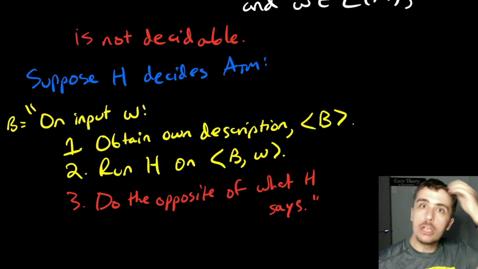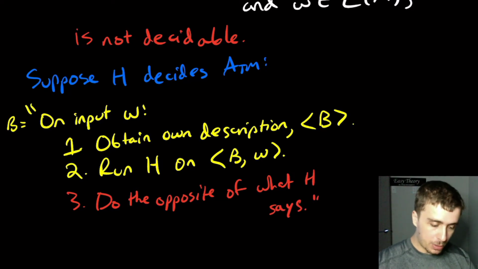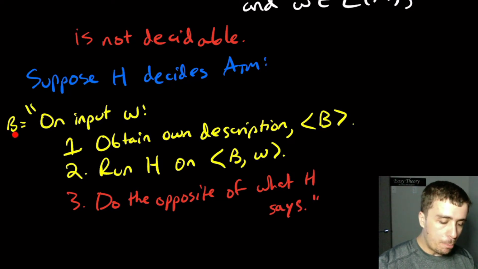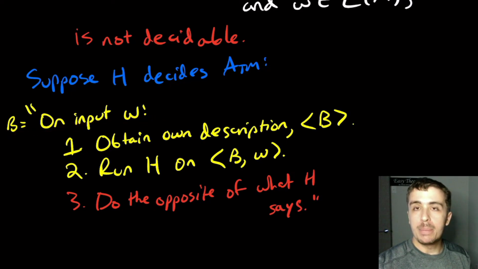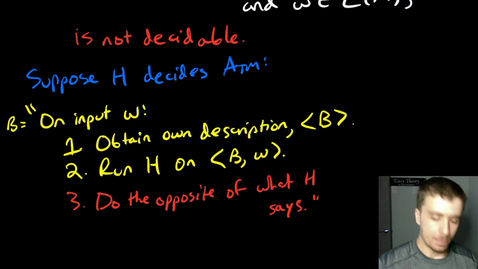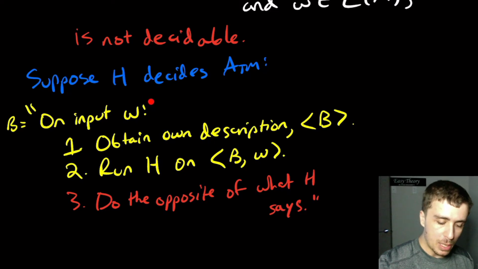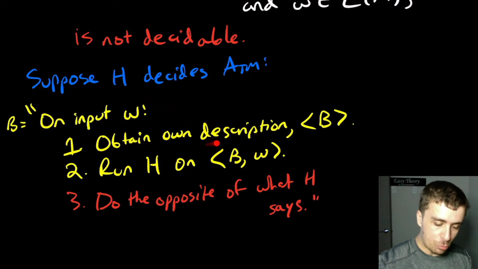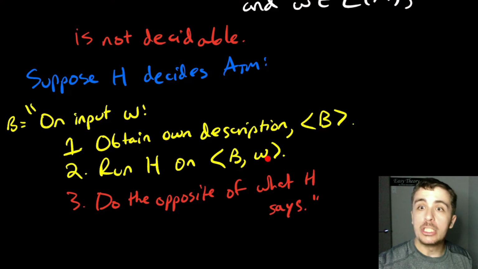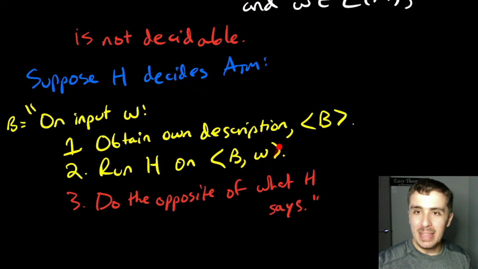Why is that useful? Because think about what happens. So B says on input W, let's say that B accepts W. Then that means that right here, the H machine should say yes. But we just did the exact opposite because the B machine was obtained in the first step. So this step and this one must be different from each other because we're doing the opposite.